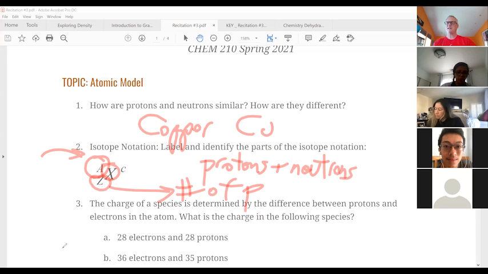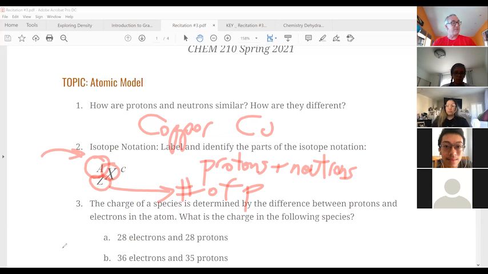Anyone know why it's called Cu and not Co? Doesn't it have something to do with Latin? Yes, it very much has something to do with Latin. And Co is cobalt. A lot of the elements have been known for a really long time.